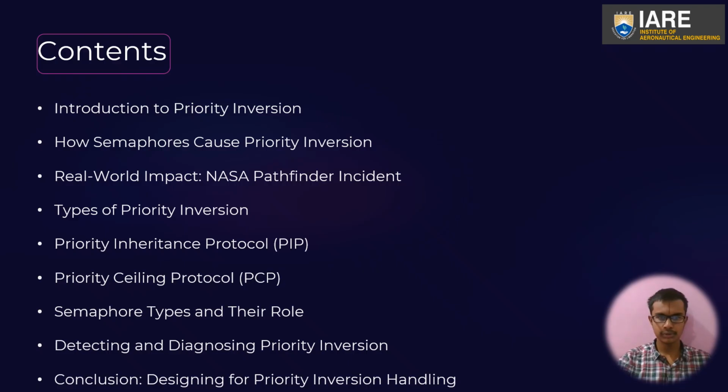Next, we'll go through the priority inheritance protocol and priority ceiling protocol. Next, semaphore types and their role. And after that, detecting and diagnosing priority inversion, and finally, I'll conclude the topic.